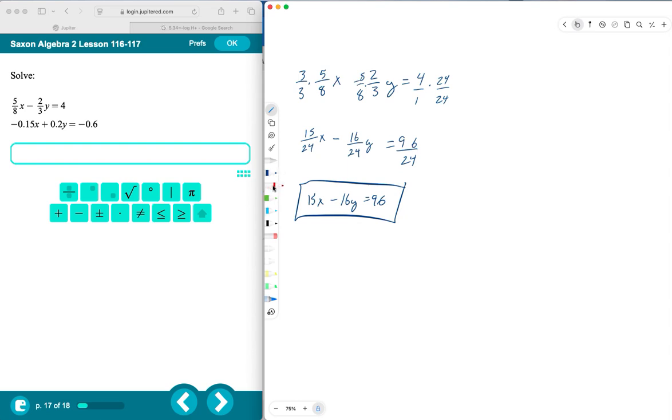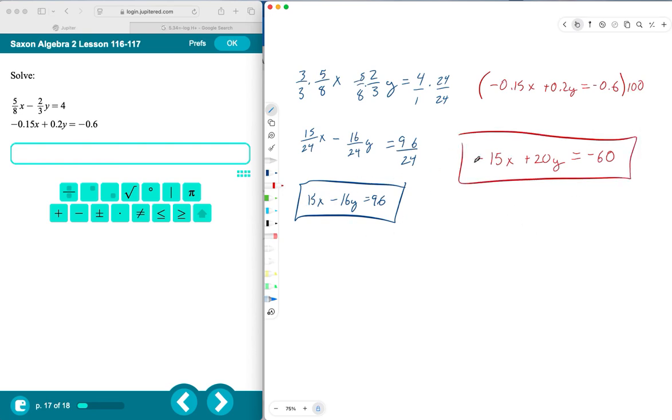Other equation, negative 0.15x plus 0.2y equals negative 0.6. There's a maximum of 2 decimal places, so 2 zeros. So that gives us negative 15x plus 20y equals negative 60.